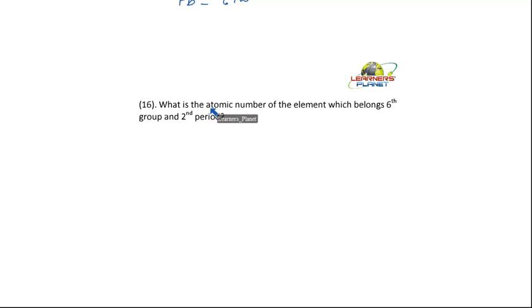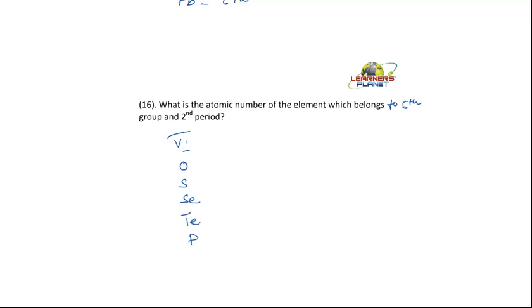Now let's take up our next question here. It is, what is the atomic number of the element which belongs to 6th group and 2nd period? So it is belonging to 6th group and 2nd period. So what are the elements of the 6th group?